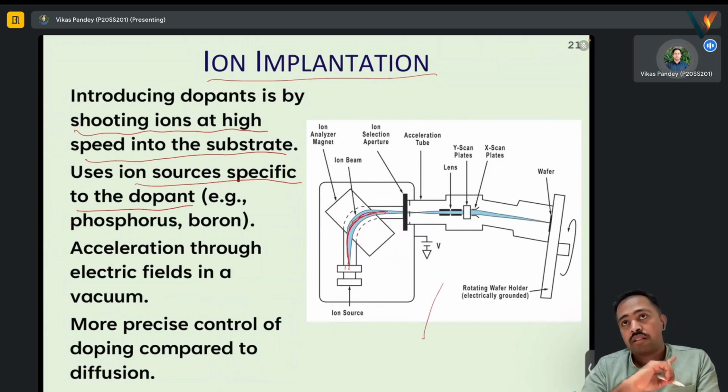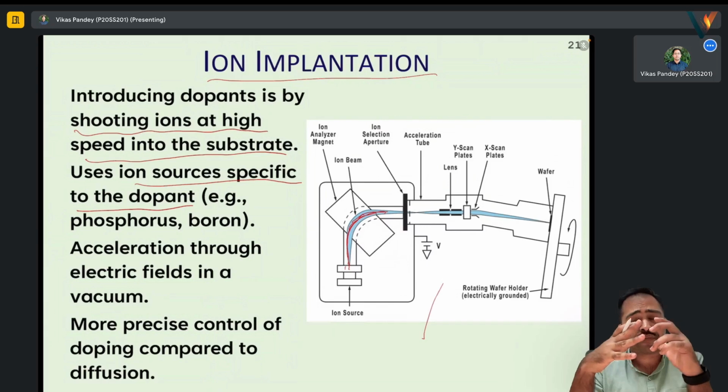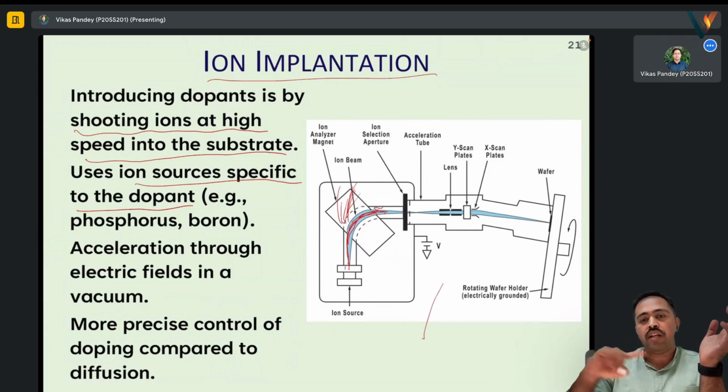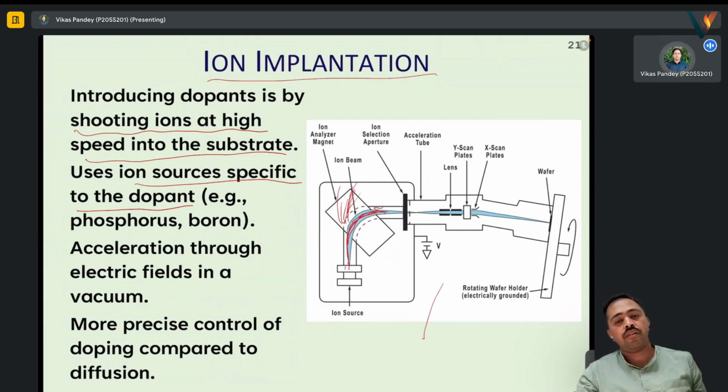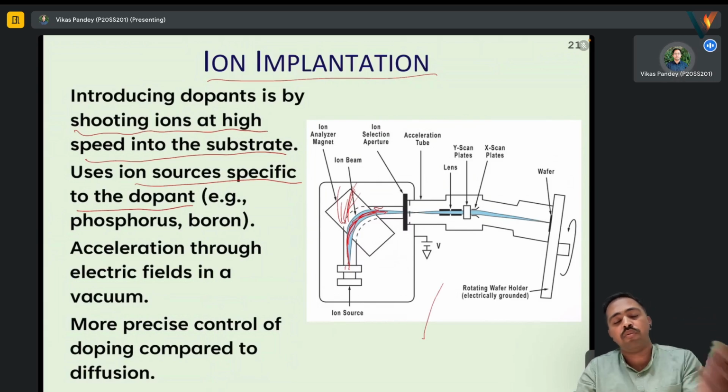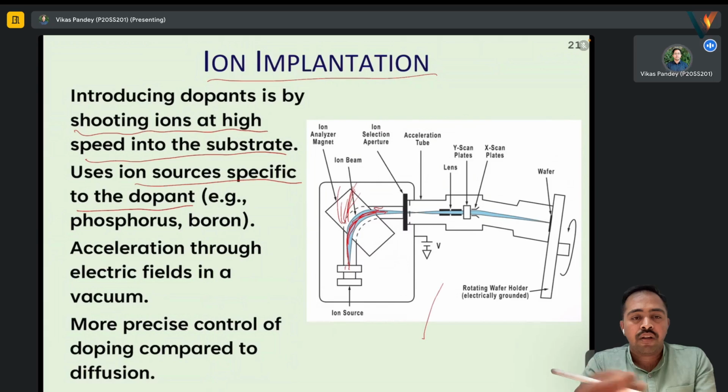So ions travel a long path, they are collimated, and they are filtered out, so all unwanted ions get removed and only the desired ones remain. That profile is well known: under the influence of this magnetic field, if we are going for phosphorus, how much deflection the phosphorus will make, or if we are going for boron, how much deflection the boron ions will make, is already known.